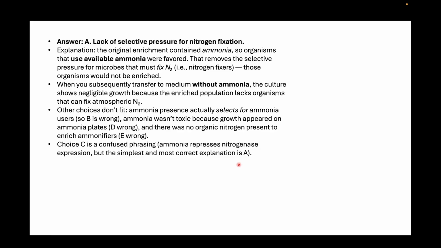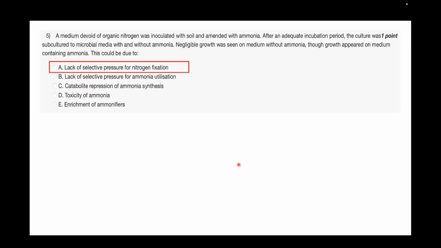If there were nitrogen fixers, they could have fixed atmospheric nitrogen rather than depending on ammonia. I hope it is clear to the students why option A is the correct answer. There is a lack of selective pressure for nitrogen fixation, which led to low growth in a medium without ammonia.